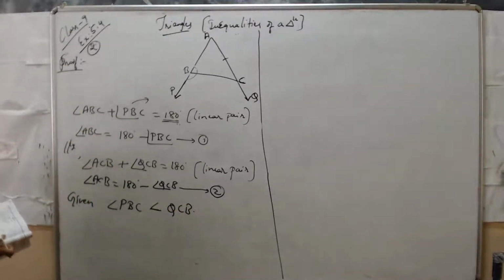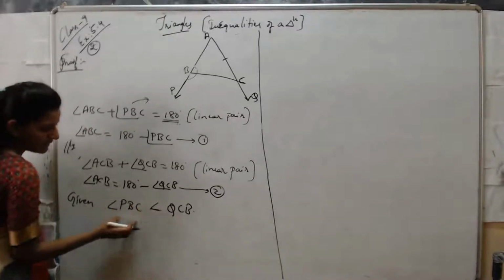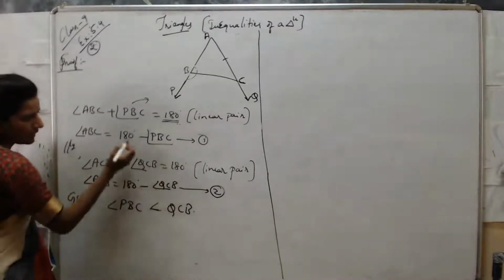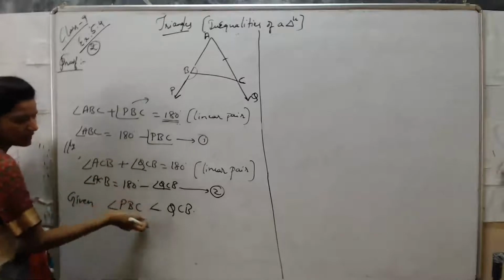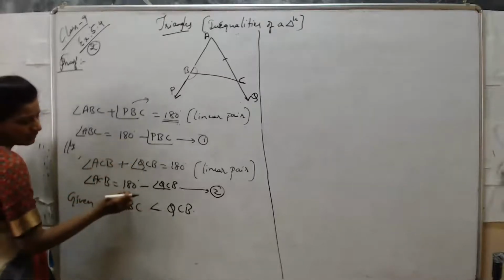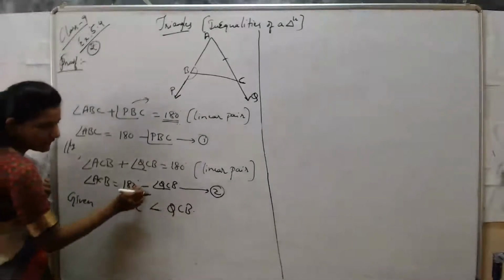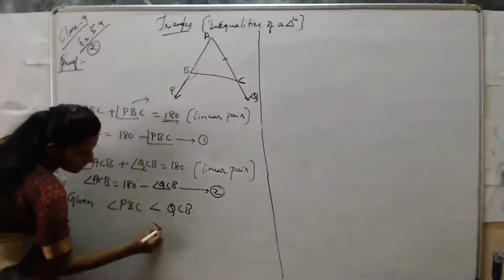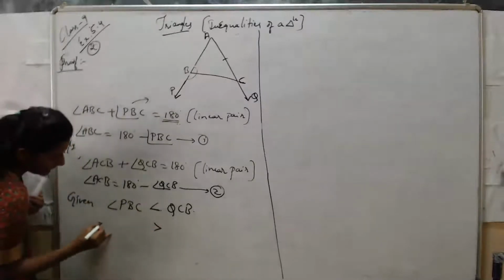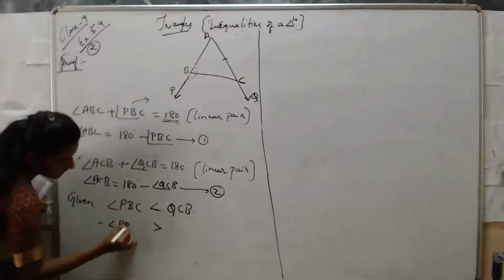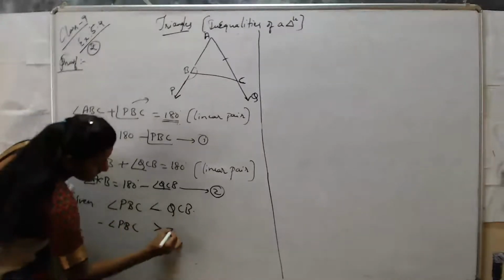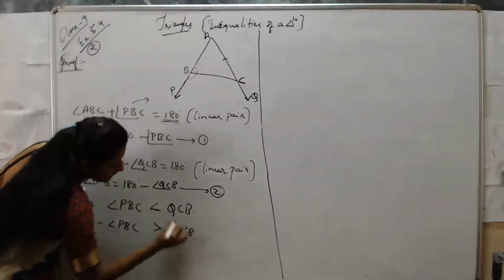Now what we have to do is convert this in equation 1 and 2. 180 minus, we should multiply. What will happen is, if you multiply a negative sign, the less than becomes greater than. Multiply minus sign on both sides. Minus QCB.